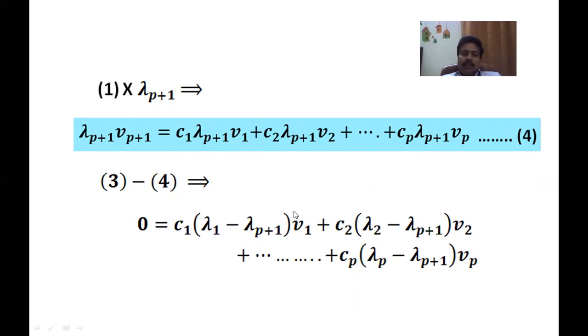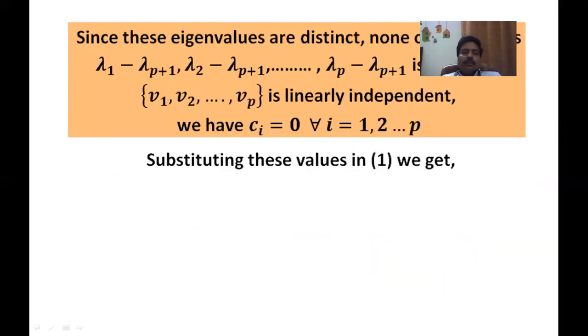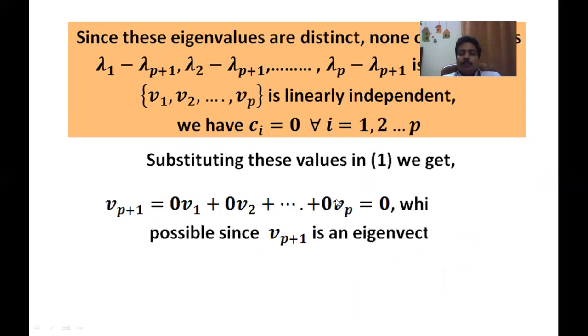So these C1, C2 and so on Cp must be 0. So if these are 0, then from equation number 1, Vp plus 1 must be 0. But it is not possible, it is a contradiction.